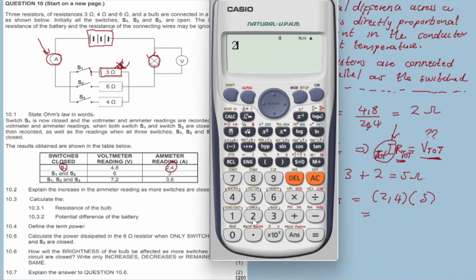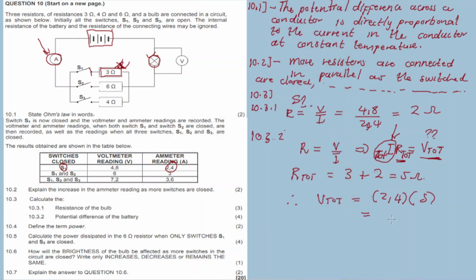Let's multiply 2.4 times 5, which is equal to 12 volts. So even if you use switches 1 and 2, you should get 12. Switches 1, 2 and 3, you should get 12 as well.